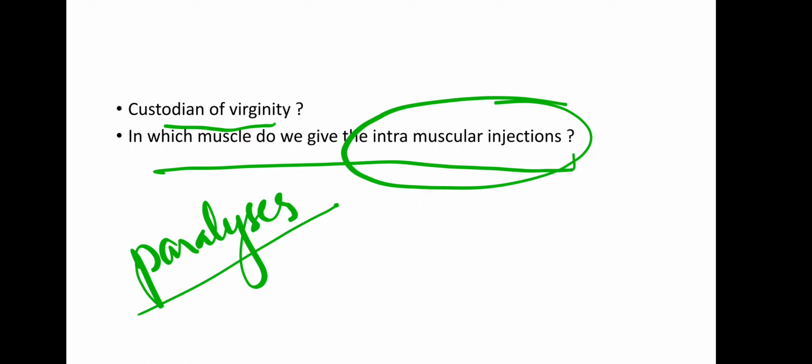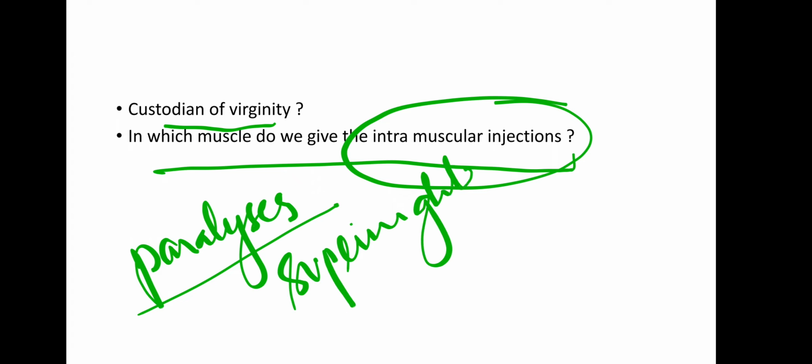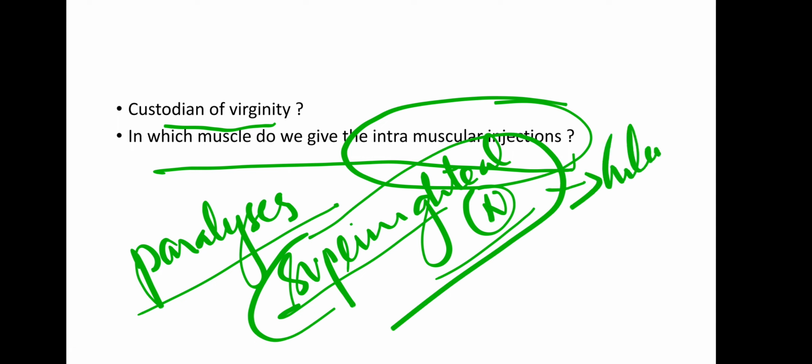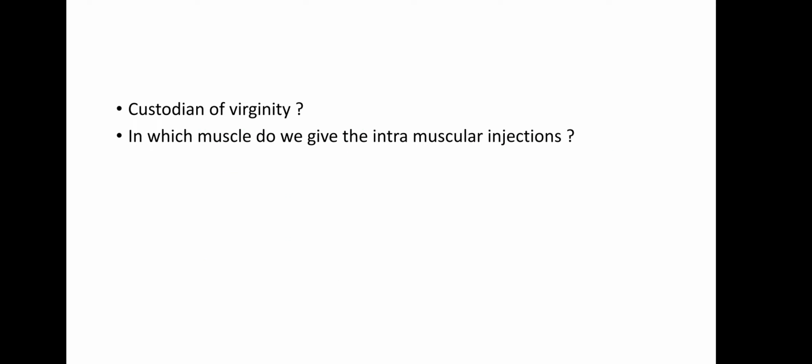The gluteus medius and minimus are supplied by the superior gluteal nerve, whereas the gluteus maximus is supplied by the inferior gluteal nerve. When there is a faulty nerve supply of the superior gluteal nerve, there is paralysis of the gluteus medius and minimus. Comment the answers to these two questions in the comment section.